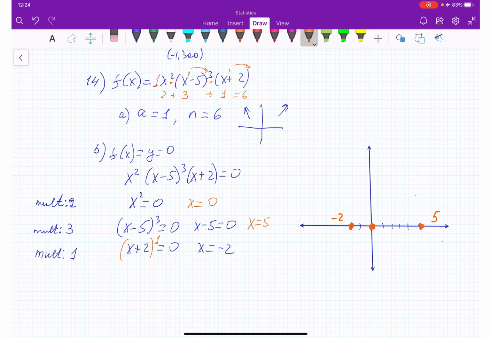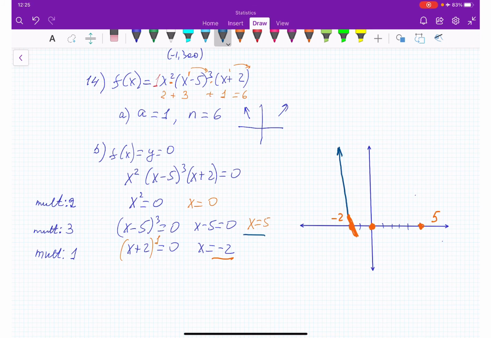Let's see, multiplicity for x squared. No, we need to look at -2 and 5 because those are closest to the end behavior. For -2, multiplicity is 1, which means it's going to cross, right? And since my end behavior is on the top, it's going to come like this. Next one, equal to 5.